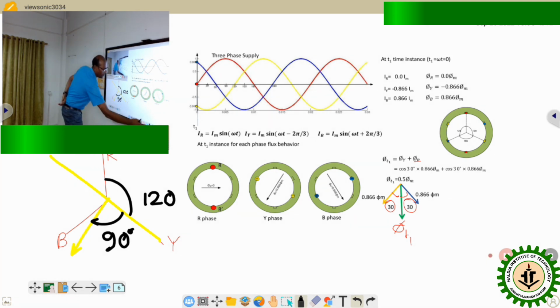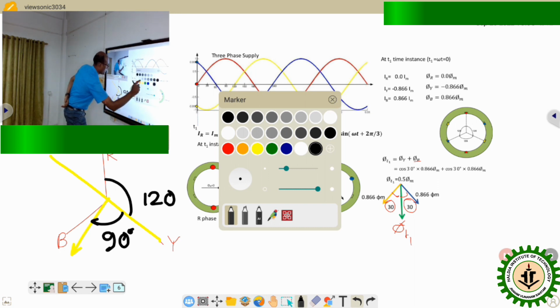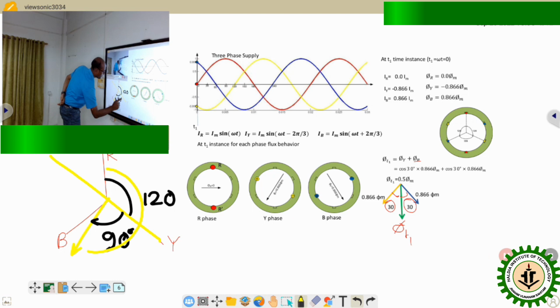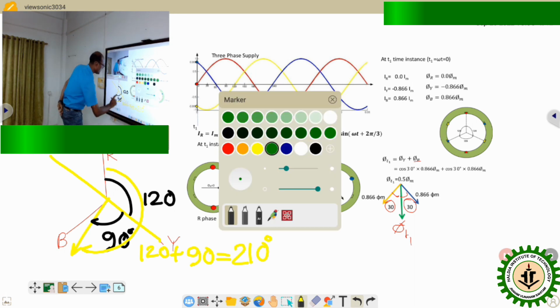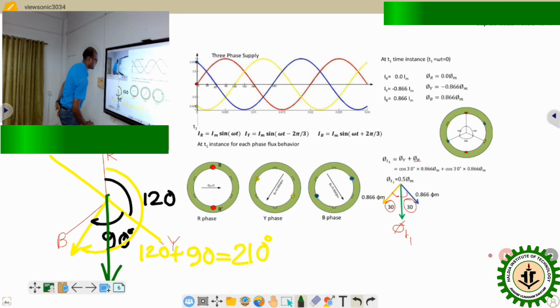So in total, considering the contribution of Y phase, that total angle is 120 plus that 90 degree, which means it will be 210 degree. Whereas that green color, phi t1, the resultant flux at time instant t1, is in the downward direction, so this is 180 degree.